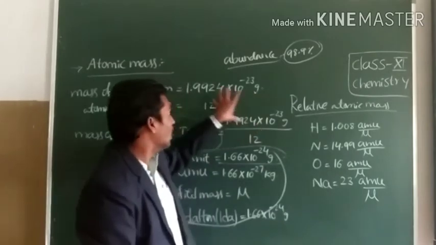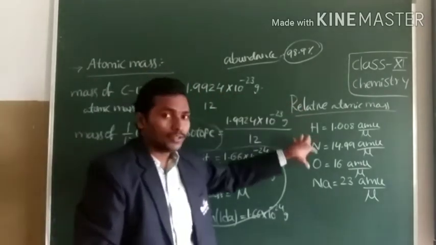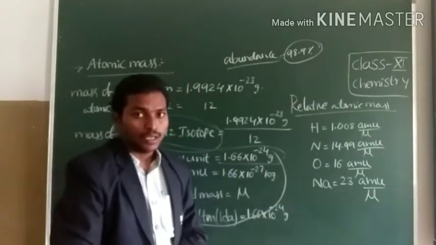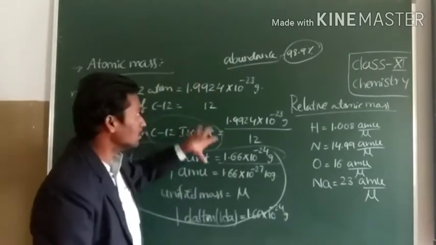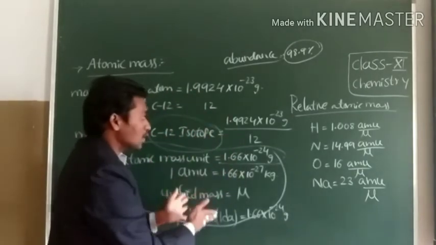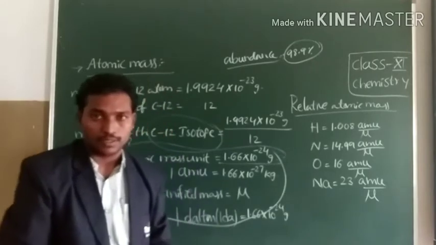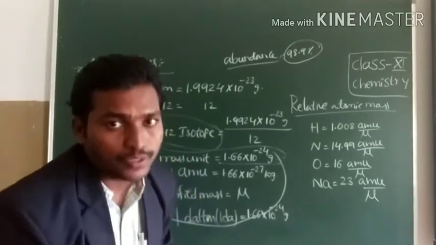This is called atomic mass or relative atomic mass. I am giving the atomic masses of the first 30 elements. Let us see atomic masses for the first 30 elements.